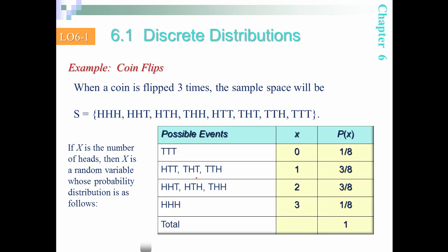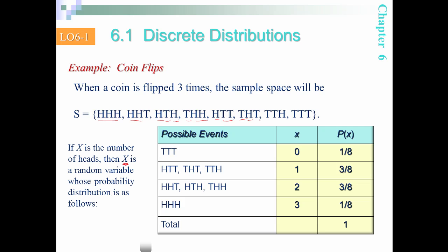So here's an example. If we're going to flip a coin 3 times, and we're going to count the number of heads and tails, then we can write out the sample space as follows. We either have 3 heads, 2 heads and a tails, heads, tails, heads, tails, heads, heads, heads, tails, tails, tails, heads, tails, and so forth. And we're interested in X, the random variable.